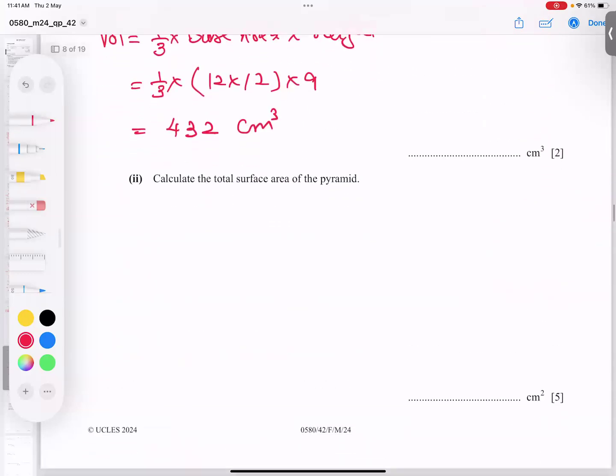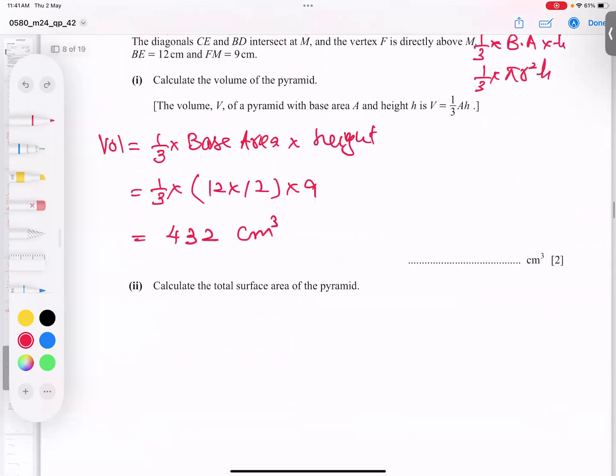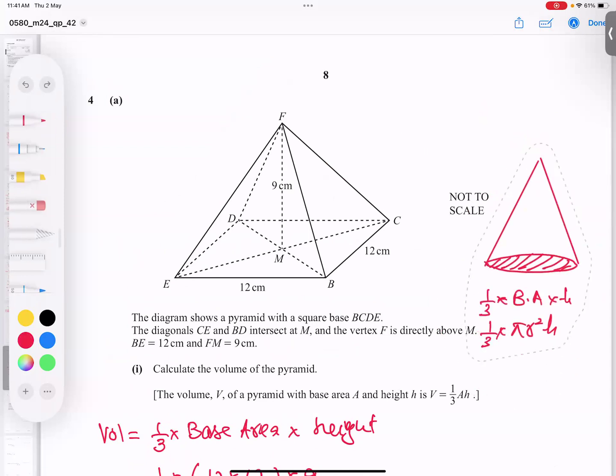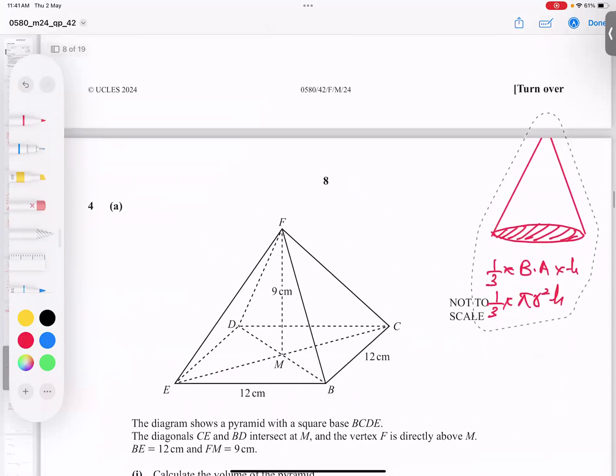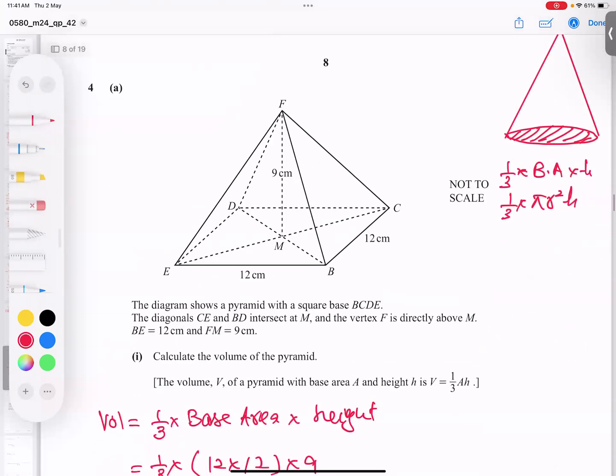Total surface area, this is an important question. That is why it has 5 marks. Actually, total surface area, if we unfold it, hold on, I drag this slightly up. Okay, look now. If I unfold this triangle, I get this kind of triangle.